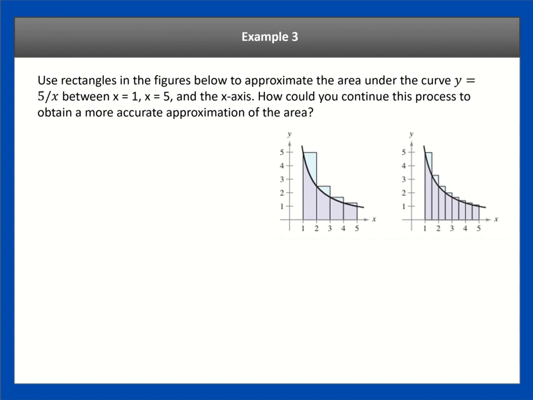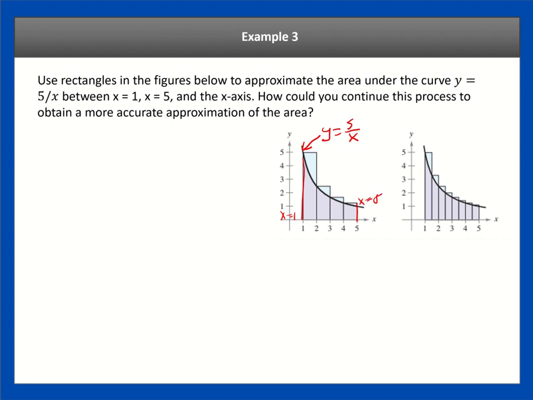So let's look at this example. We want to use rectangles to approximate the area under the curve y equals 5 over x between x equals 1, x equals 5, and the x-axis. So this is the graph. This is x equals 1, and then x equals 5.